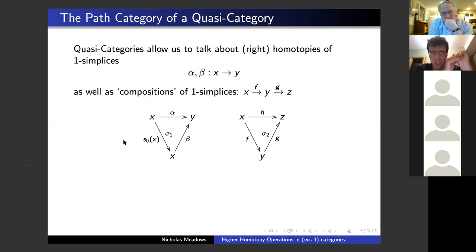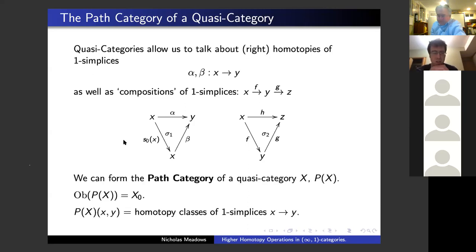We say that H is the composite of G and F if there exists a 2 simplex with boundary as depicted on the right. And the thing to note is that this composition operation is only well defined up to homotopy, in the sense that I've defined. So the path category of a quasi-category has as its objects vertices, and as its morphisms between X and Y, homotopy classes of one simplices.